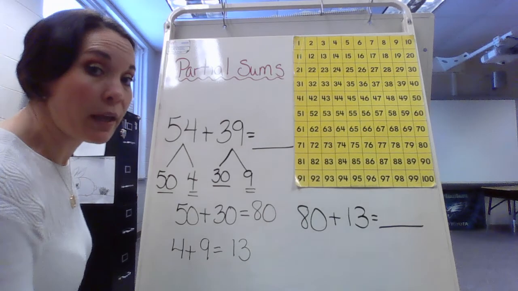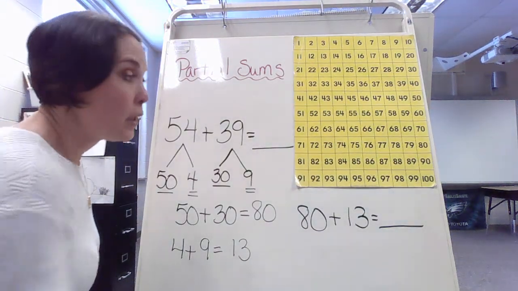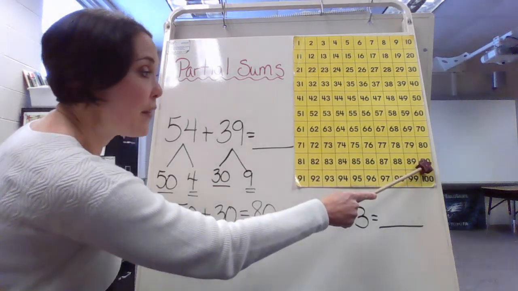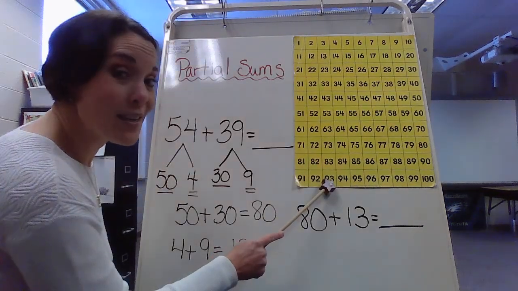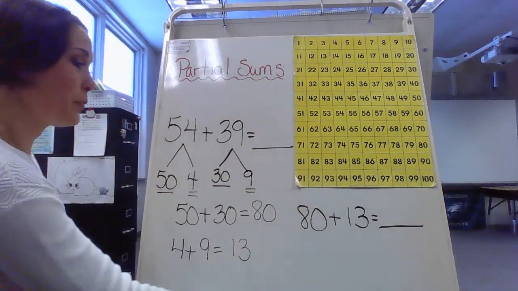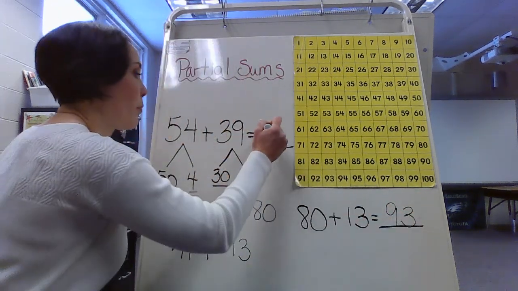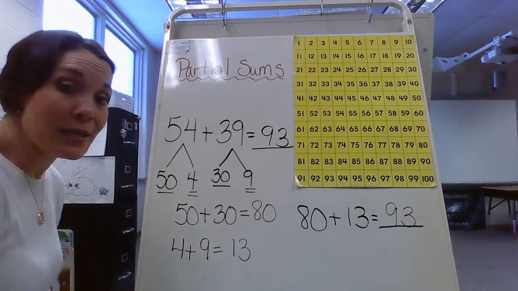But when you think about it, it's 1 ten, 3 ones. So 80 with 1 ten, that's one hop. And then 3 ones, 1, 2, 3. You should be ending on 93. So your sum for those would be 93.